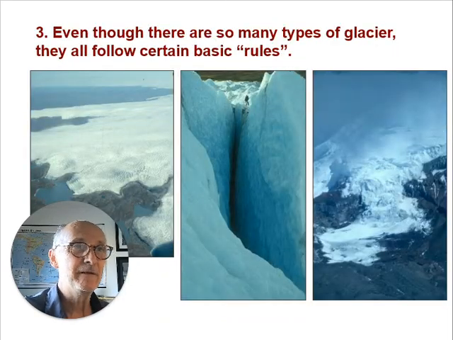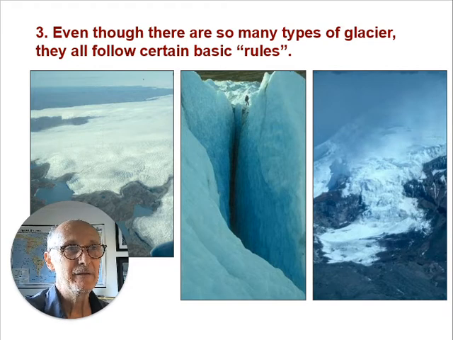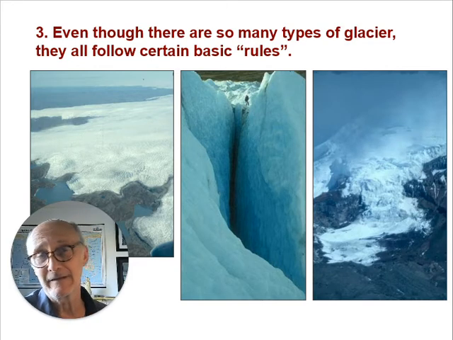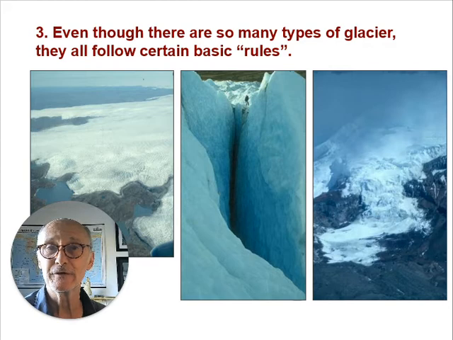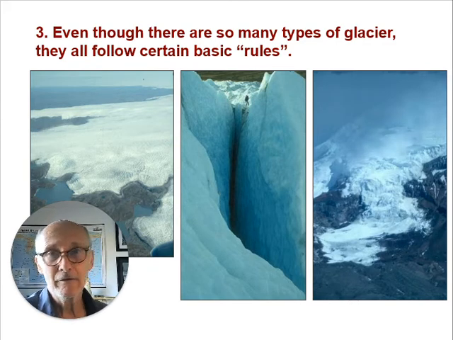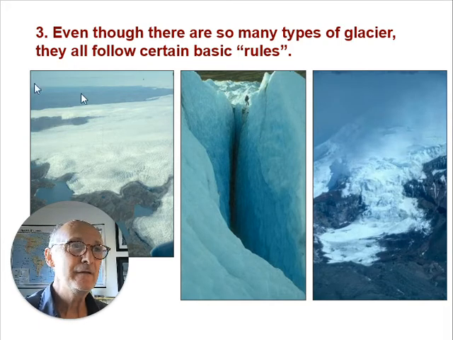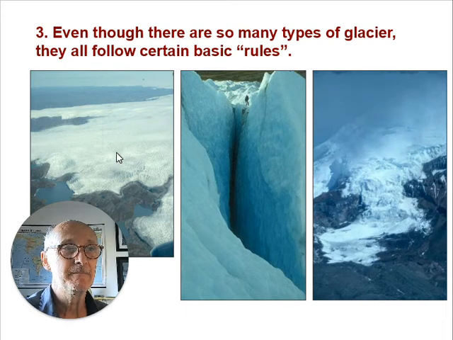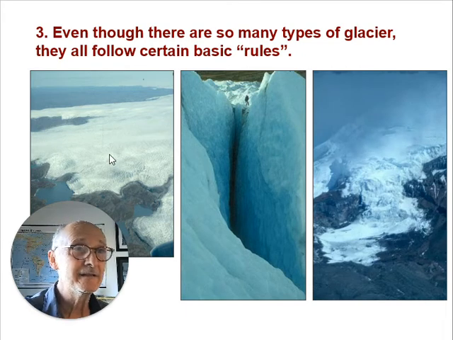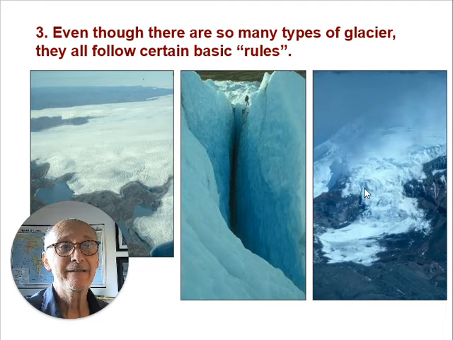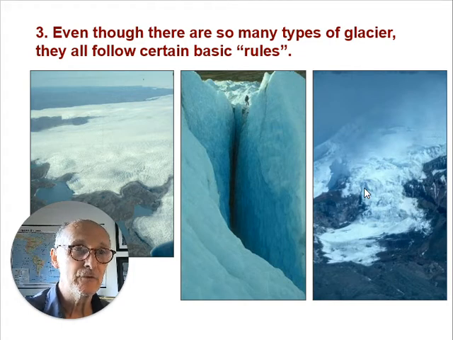The third big point I want to make, and this really underpins a lot of what we're talking about and goes back to that issue I raised about whether we should treat ice sheets and glaciers as separate things, is that even though there are lots of different types of glacier, they all follow the same basic rules. So in these images, for example, here's a little bit of the edge of the Greenland ice sheet. Here on the right hand side is a little mountain glacier from Chimborazo in Ecuador.